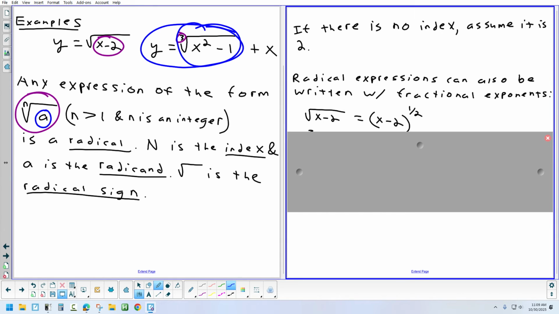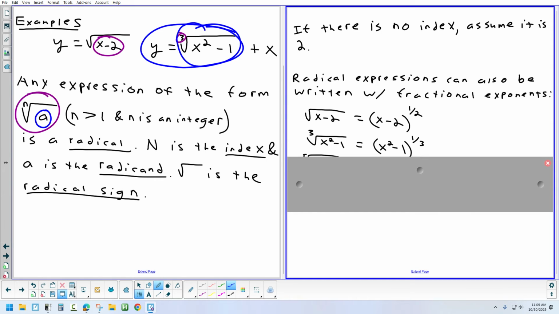How about if I wanted to do a cube root? What power would I raise to there if I don't want to write the cube root symbol? Yeah. 1/3. I can raise to a 1/3. Yep. And how about a fifth root? I can raise to the 1/5.